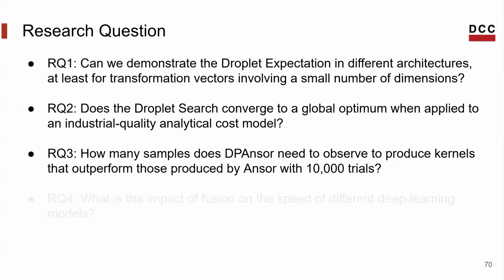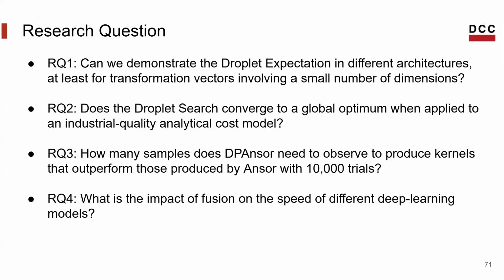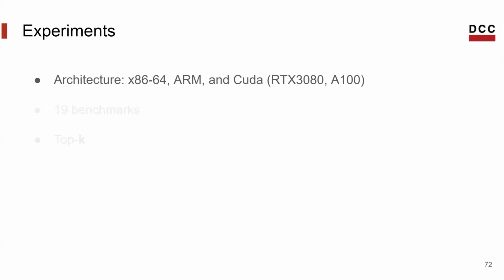The third one, we will measure the performance of the DP Ansor against Ansor. And the last one, we measure the impact of fusion in 90 network models. The experiments which I will present in this work are on the architectures x86, ARM, and CUDA.